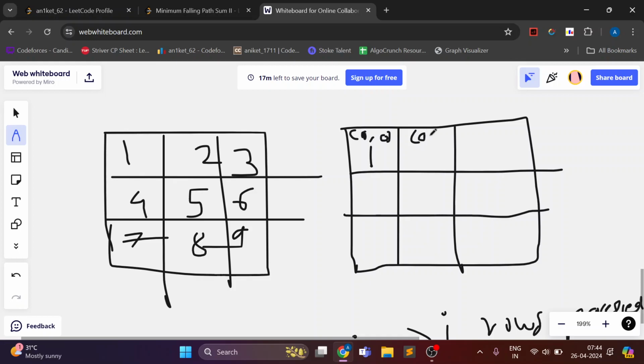Then I'm considering, let's say, 0 comma 1. Then all the rows from 0 to 0, that means the first row only, and ends at the first column, this will be 2. Similarly this will be 3.